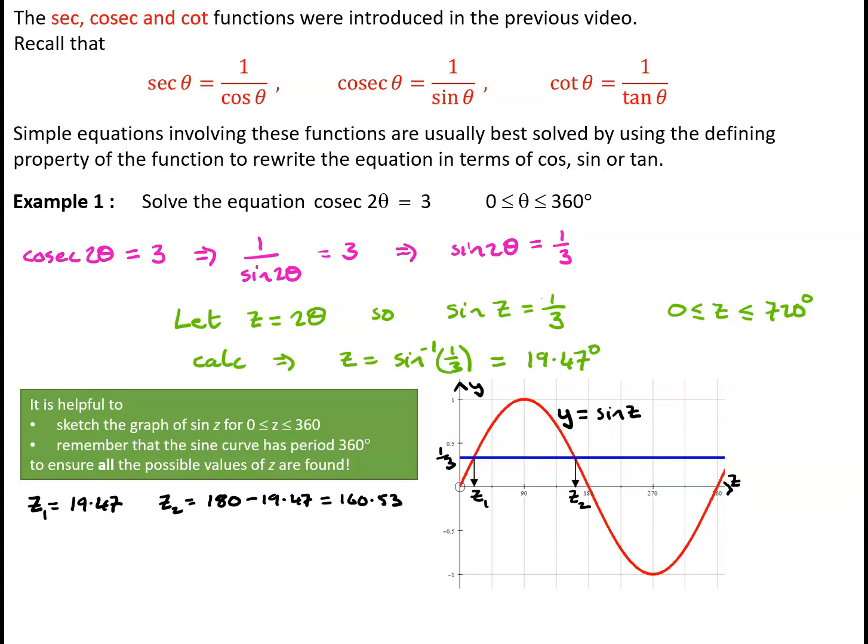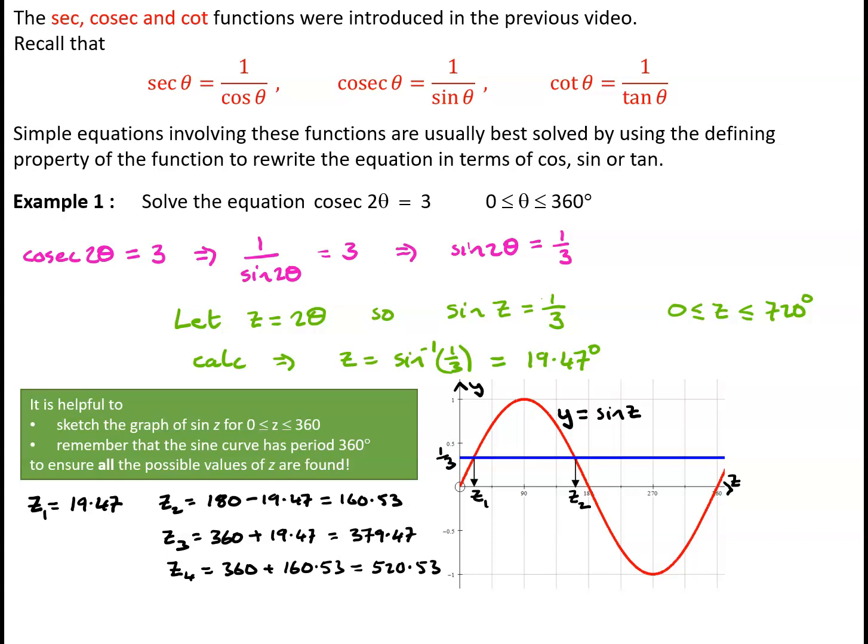And then the fact that the sine graph repeats every 360 degrees tells me I'm going to have a third solution, which is 19.47 plus 360, and a fourth solution, which is going to be 160.53 plus 360. There won't be any more solutions because the next one on would be 720 plus the 19.47, and that's outside my domain of values for z, which are z lies between 0 and 720.